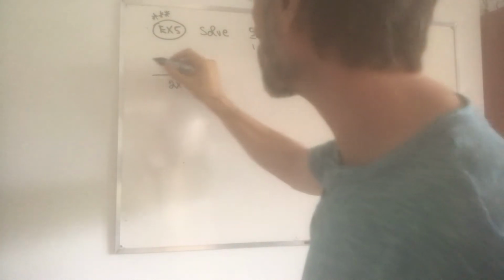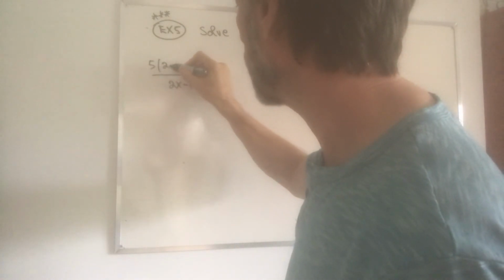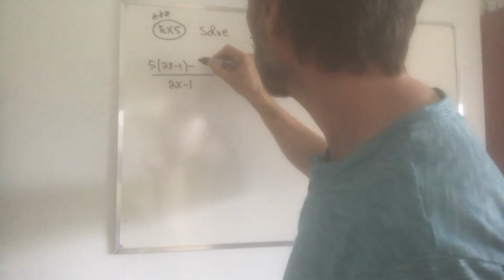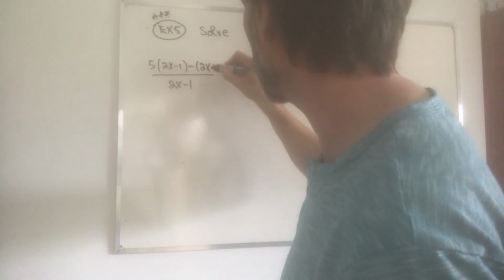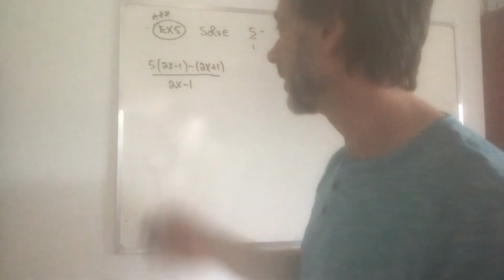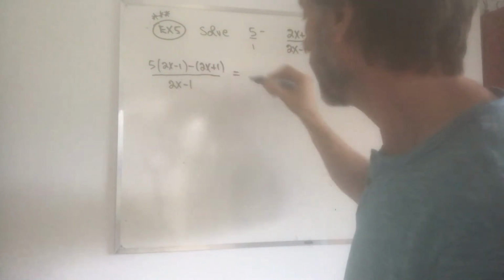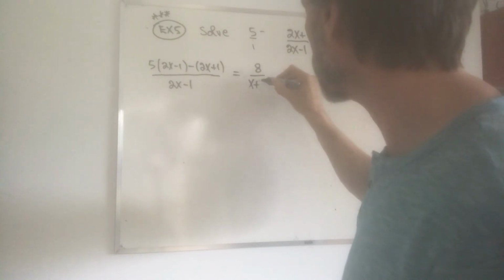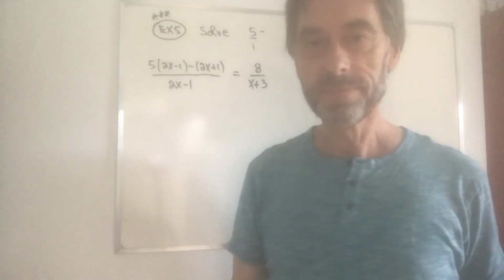Then we crisscross. So 5 times (2x minus 1) minus (2x plus 1). We'll put a bracket here because of the minus in front of the bracket. Equal to the right-hand side, 8 over x plus 3. Good.